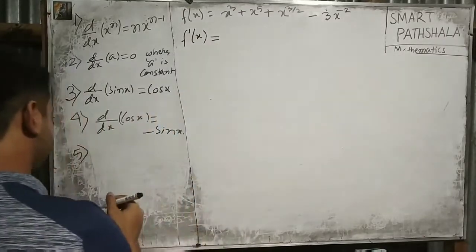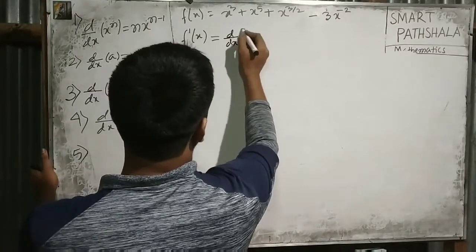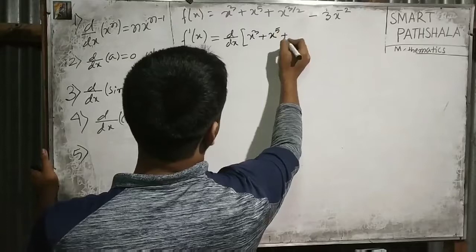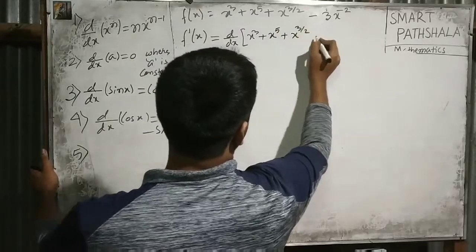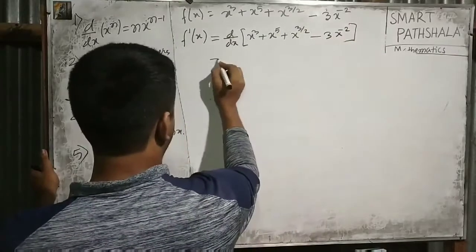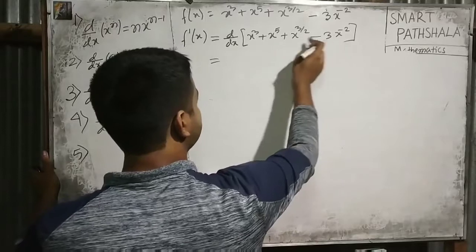What will you find, f dash x? F dash x means d dx of this whole term, x cubed plus x to the power 5 plus x to the power 3 by 2 minus 3x to the power minus 2. Now you can separate this derivative in the plus and minus.